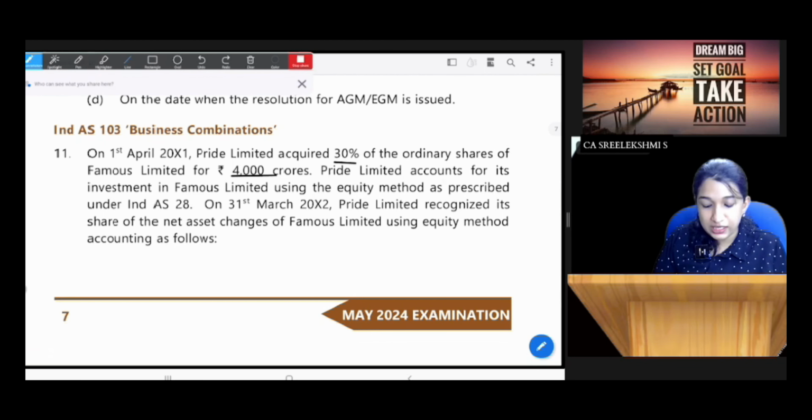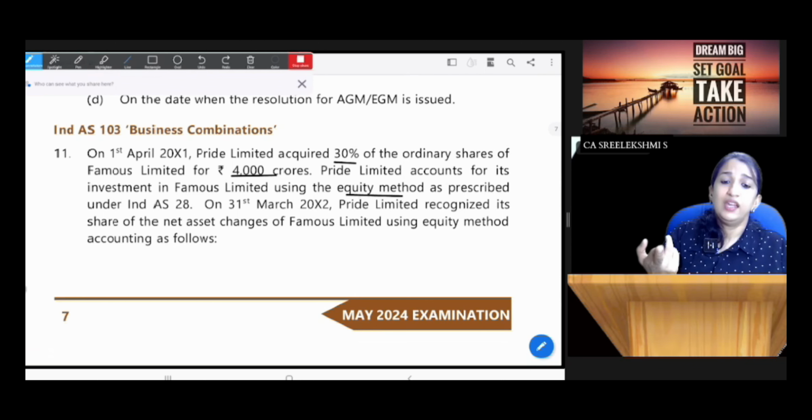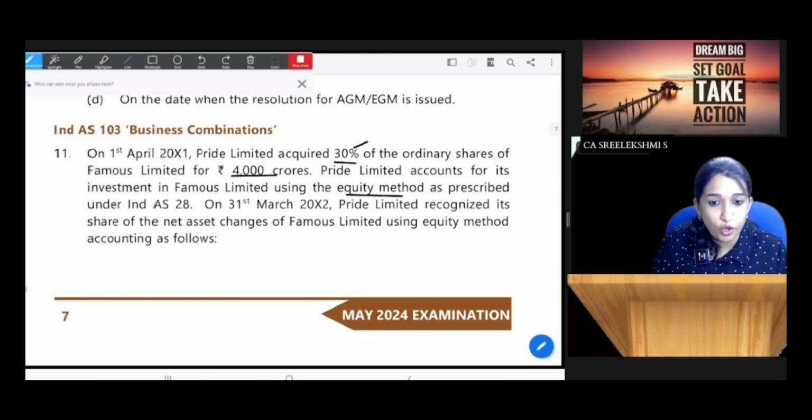Pride Limited accounts for its investment in Famous Limited using the equity method. Of course, with 30% share, Ind AS 28 is attracted, so you go for the equity method as prescribed. On 31st March 12, Pride Limited recognized its share of net assets using the equity method as follows.